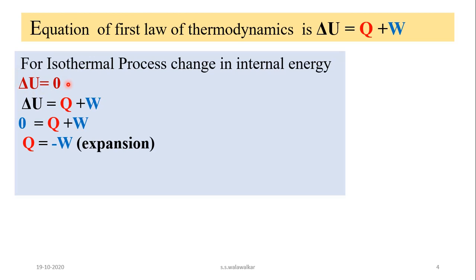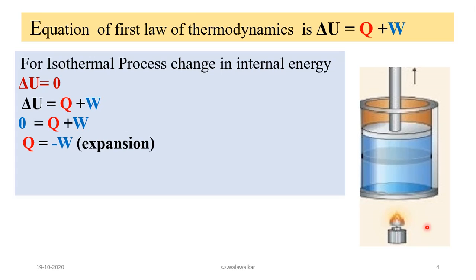Change in internal energy is equal to 0, and the change in temperature is also 0 in an isothermal process. Therefore, whatever amount of heat is supplied to the system, the entire heat is utilized for the expansion of the system.